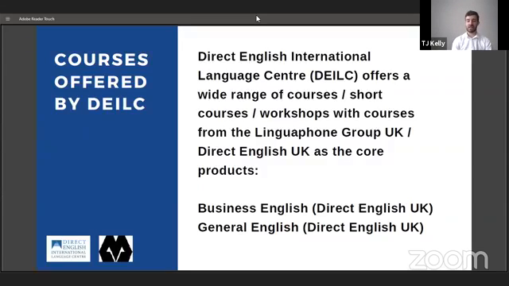We also run a general English course, which is based very closely on the Cambridge Assessment model, where we seek to raise people's proficiency based on a leveled system.